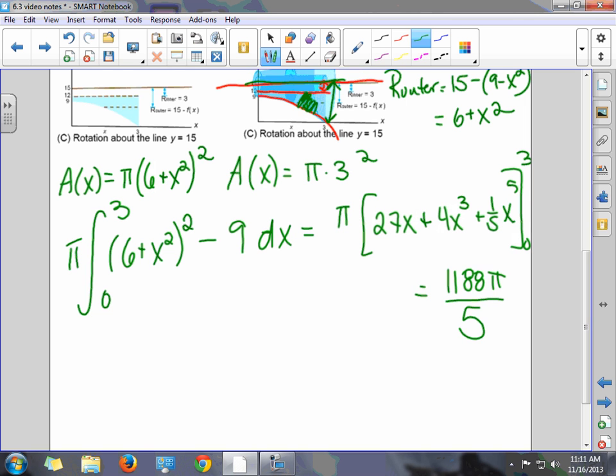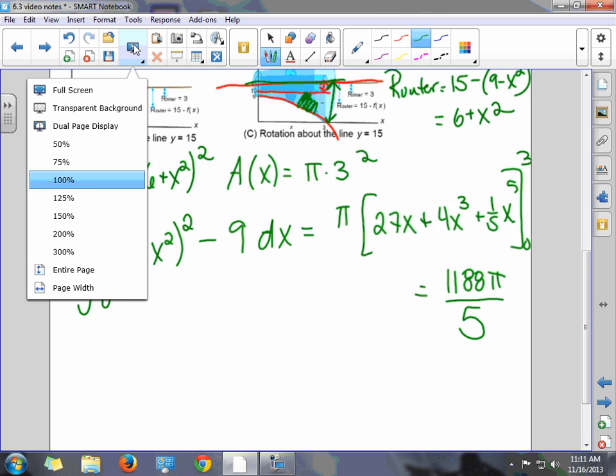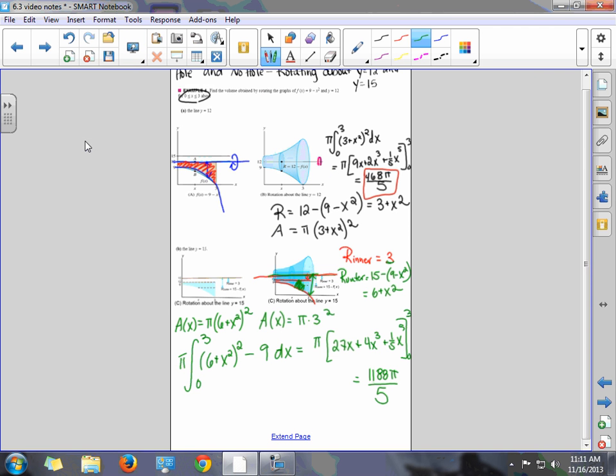So let's recap just for a second. We found the area between these two curves and used that as our radius. So here is our formula for the radius. Then we created a function that modeled the area, and then we plugged that in and integrated it within our bounds. Next, for the other problem where we had the hole, we determined the radius of our hole, which was just 3.